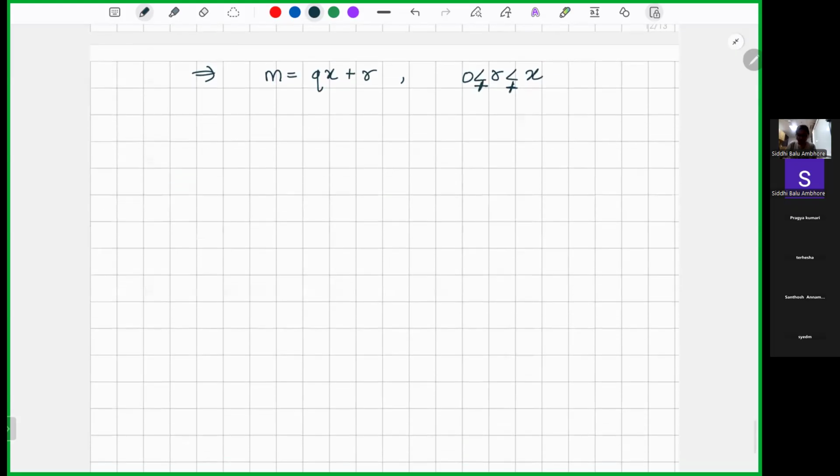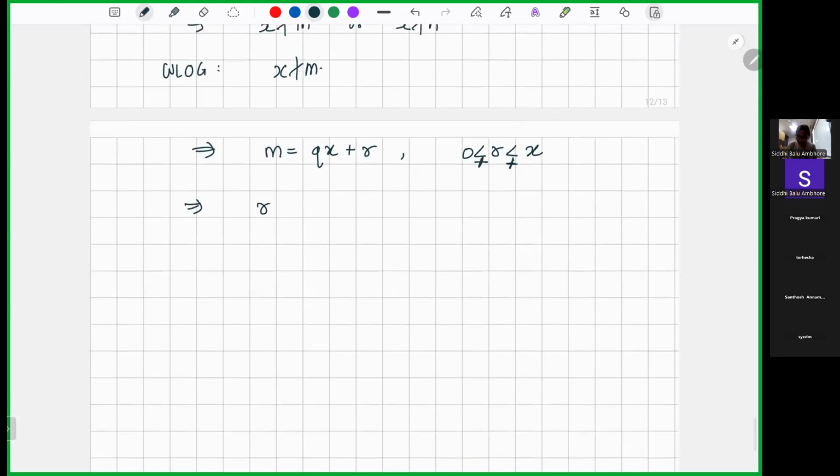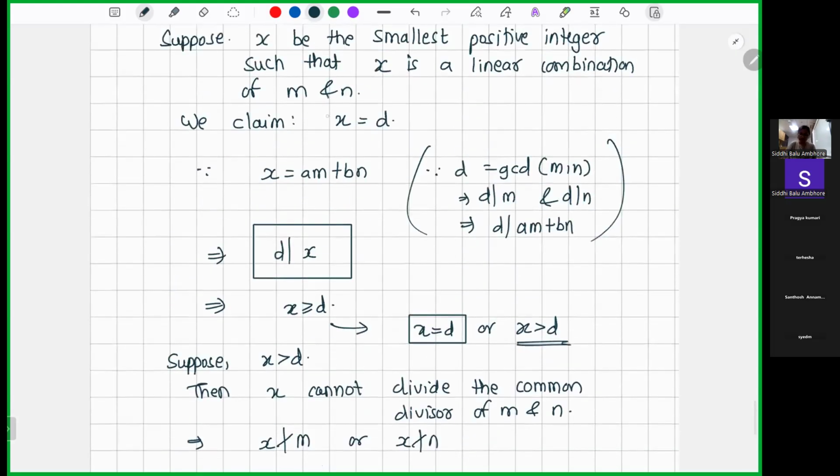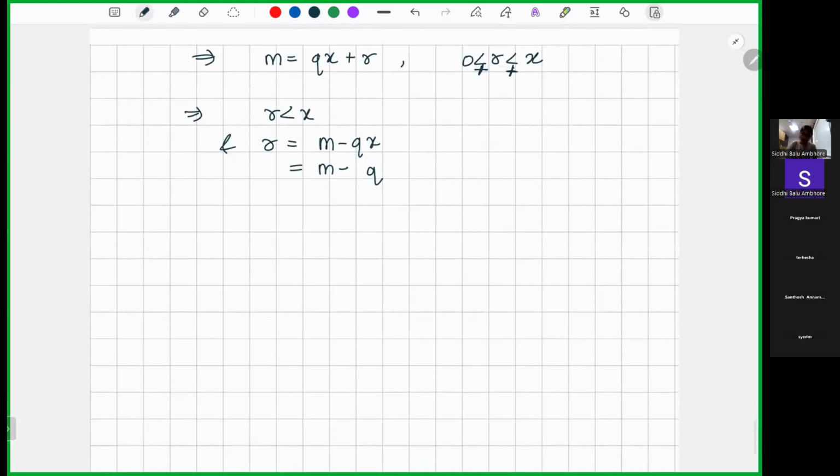So this implies that r is less than x, and r is what? It is m minus qx. So this is m minus q, and what is x? x is this here, x is am plus bn.